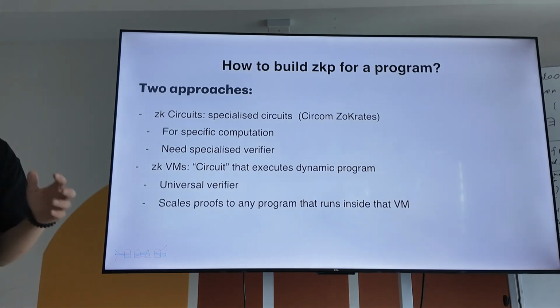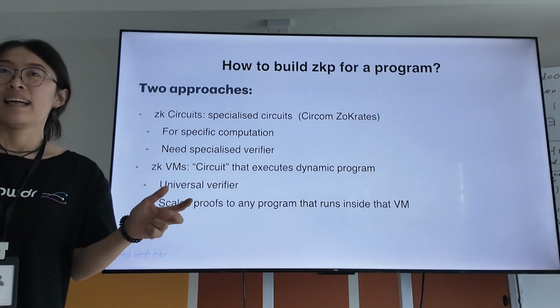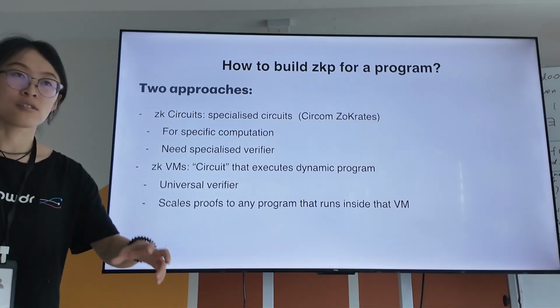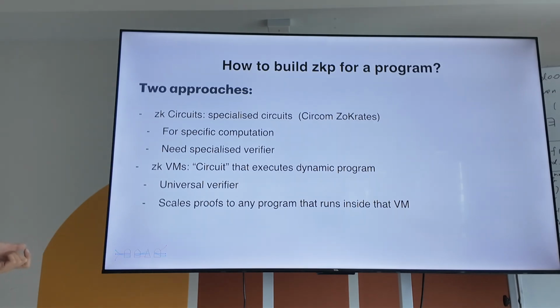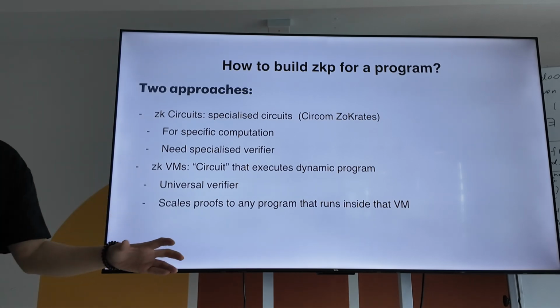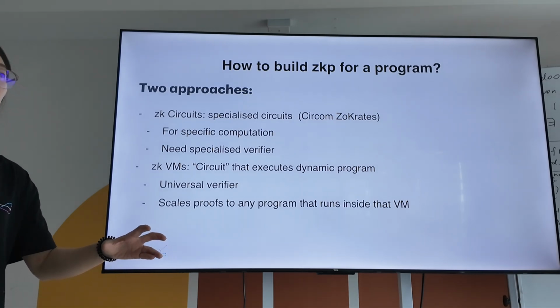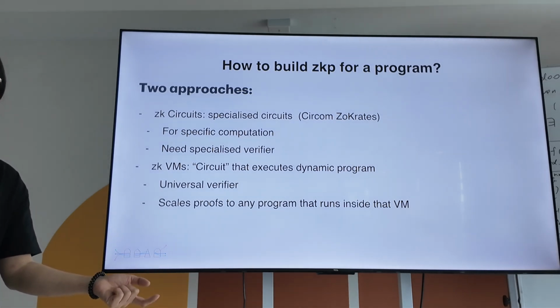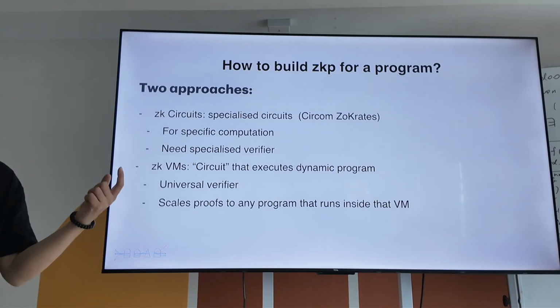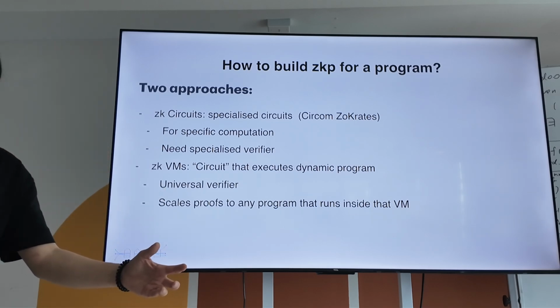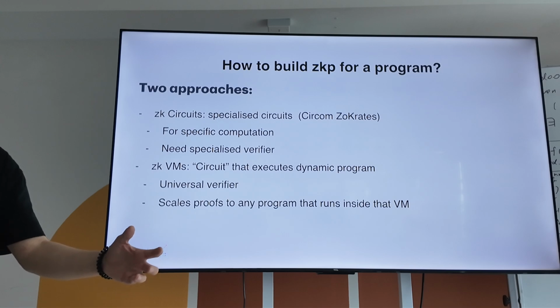Because a VM itself is a program, and in the ZKP setting every program can be translated to a circuit, the zkVM itself is a circuit, but it can understand how to execute other circuits. So your input is the circuit. Then it can generate a proof, and if the proof is valid, it means your zkVM executed correctly. This also implies that the program you put inside the zkVM also executed correctly.